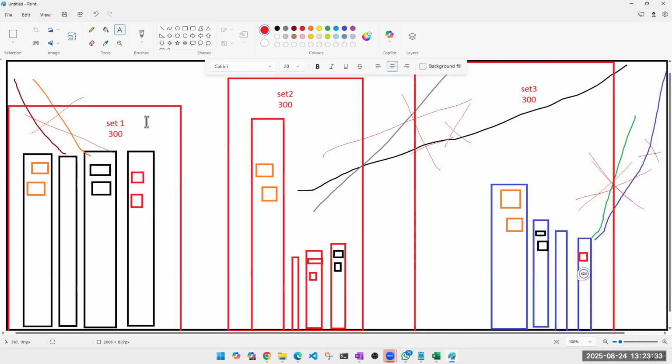These sets are called fault domains. You can have a maximum of 3 fault domains in any data center. Now, when you are creating an availability set, you can decide whether you want to use all of these 3. The 3 fault domains, 3 sets, have already been created.